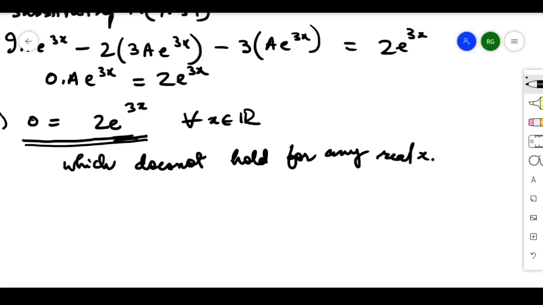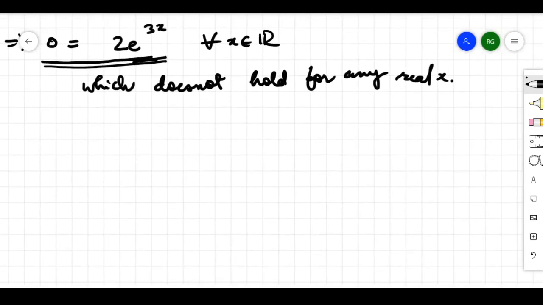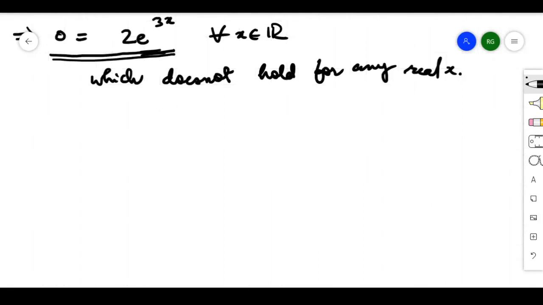For that, let us find the complementary function of both equations. Obviously, both equations will have the same complementary function because their left hand sides are the same. To find the complementary function, we consider y double prime minus 2y prime minus 3y equal to 0.